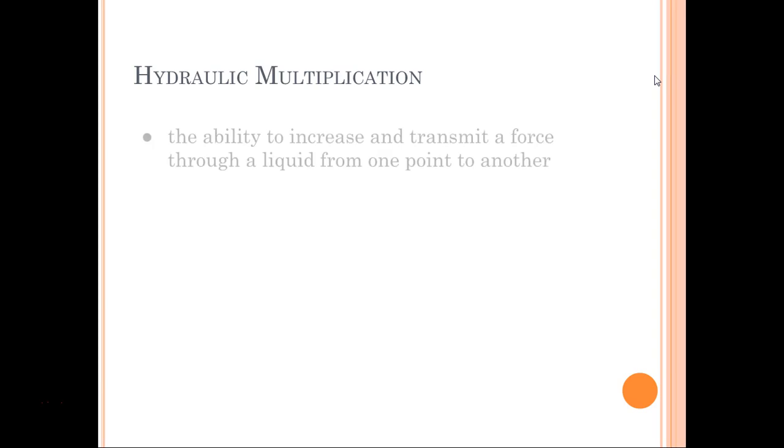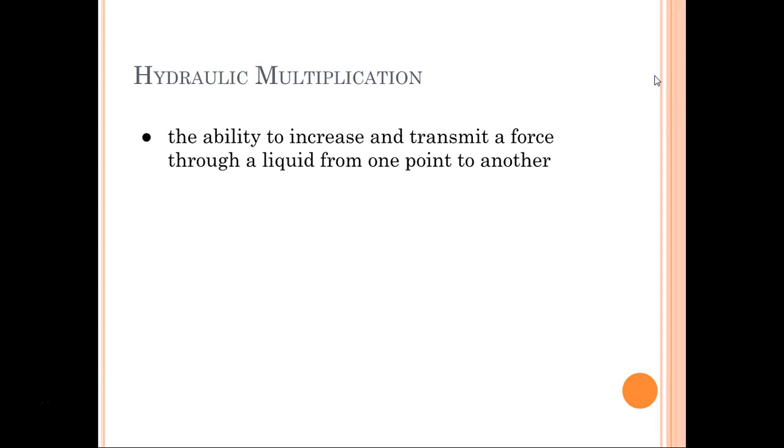So you should be able to recognize if certain ones would be hydraulic or pneumatic, or give examples of them. You should understand the difference between them as well. So when we are dealing with hydraulic systems, there is opportunity for hydraulic multiplication, and that basically is the ability to increase and transmit a force through a liquid from one point to another.